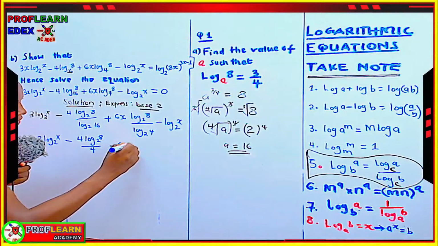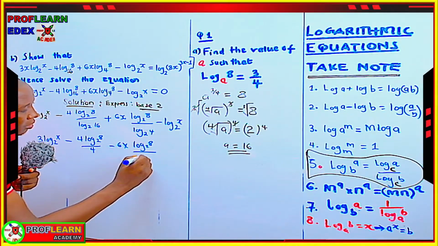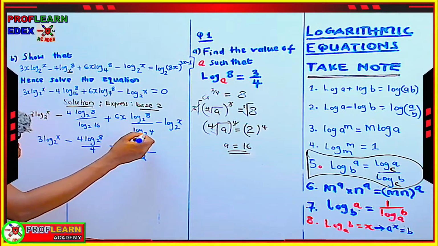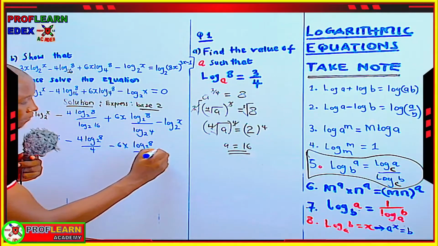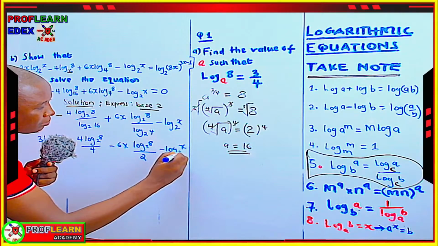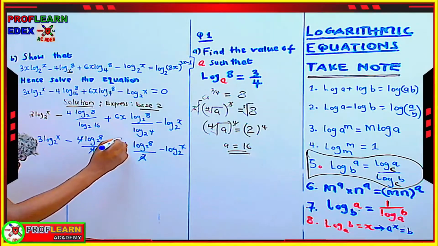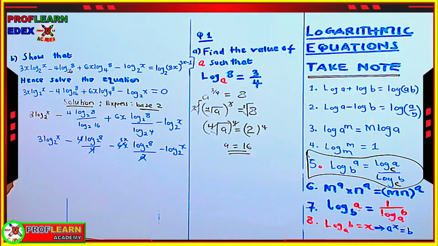Now, in order to solve this question, because this question has base 2 at the end, and we are trying to show that what we have on the left-hand side is equal to what is on the right-hand side, we are going to express every log that is here to the base of 2.